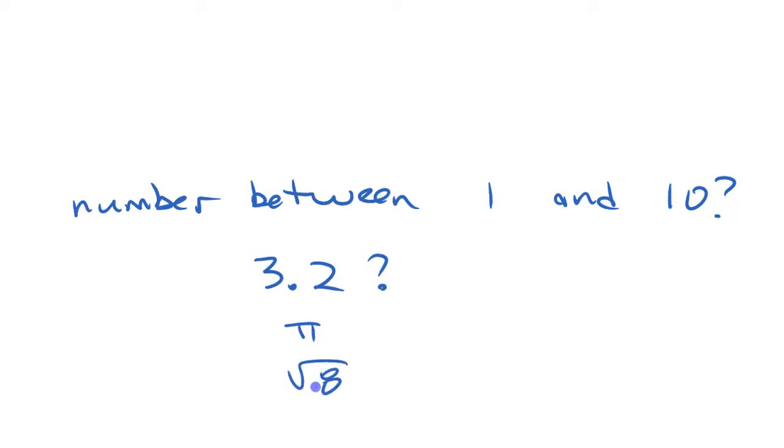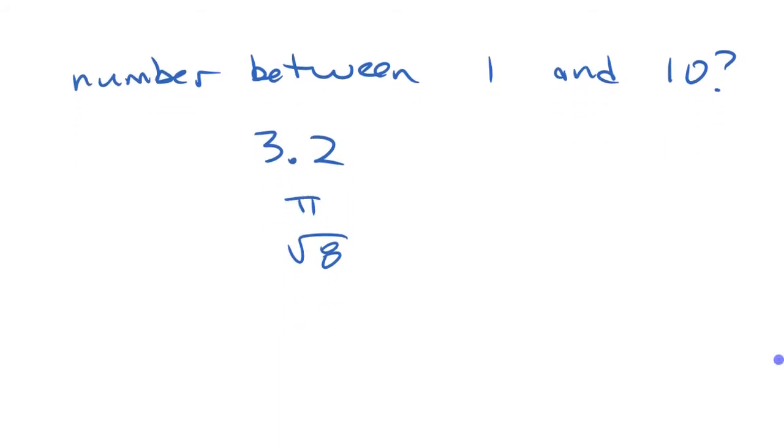Have you ever picked any of those numbers? I know that your friend would be very impressed if you picked that, or they'd think maybe you're kind of a math nerd or something, but technically all of those numbers are between 1 and 10, right? But what is the person implying or assuming you understand when they say pick a number? What kind of number do they mean? A whole number, right? So nobody ever says pick a whole number between 1 and 10, but that's what they imply.